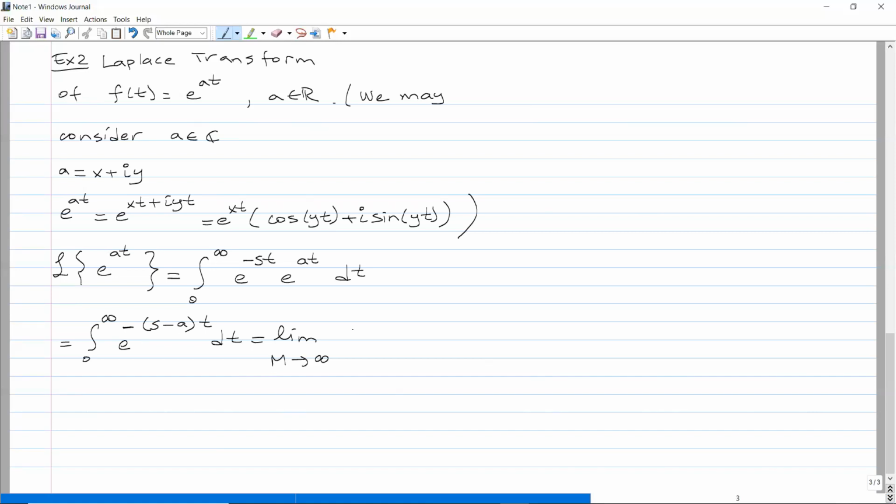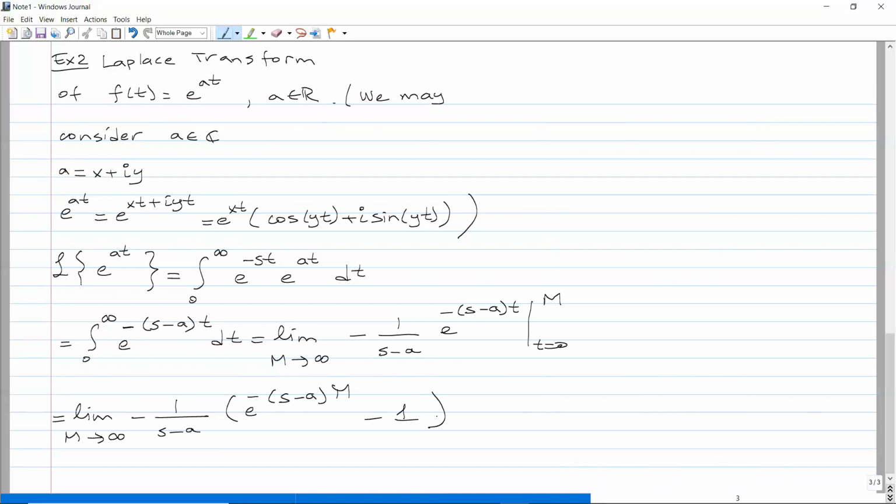If I integrate this, minus 1 over s minus a, e to the minus s minus a t, for t from 0 to m. So limit as m goes to infinity, minus 1 over s minus a, e to the minus s minus a times m minus e to the 0, which is 1.